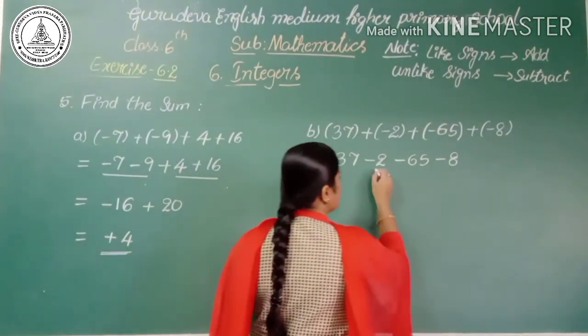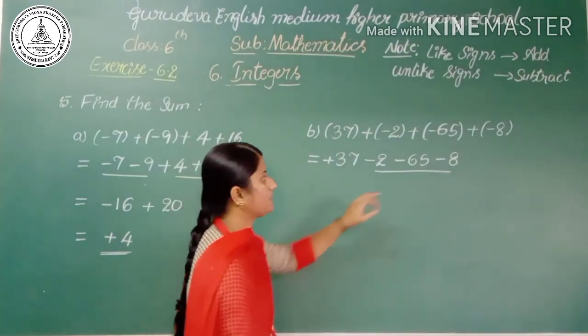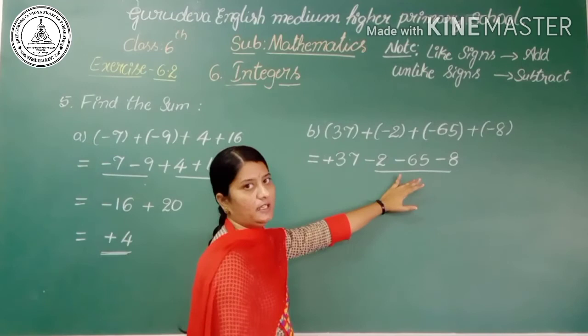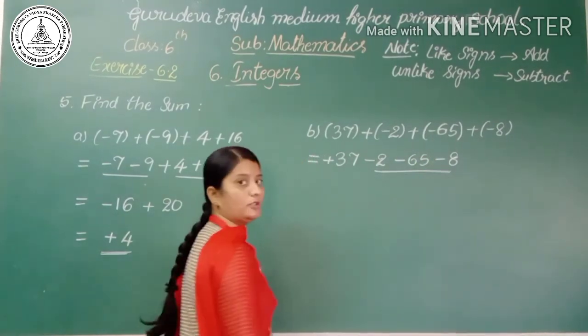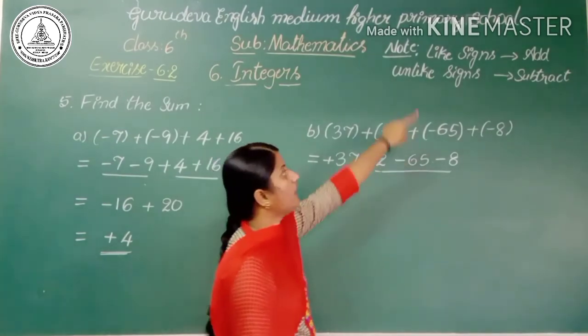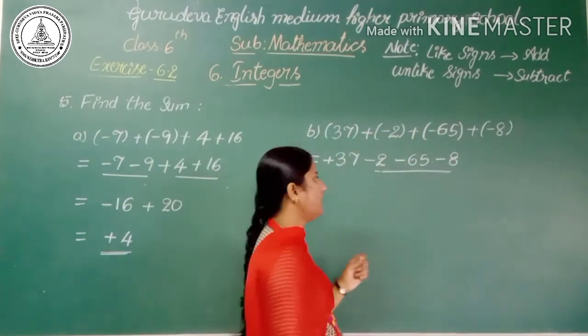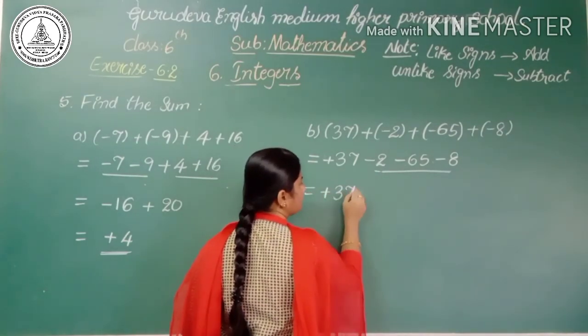So first we have to simplify this. First we have to add these three integers. Why? Because these three integers have the negative sign, meaning these three integers have like signs. So we have to add. Let's first write the plus 37 as it is.